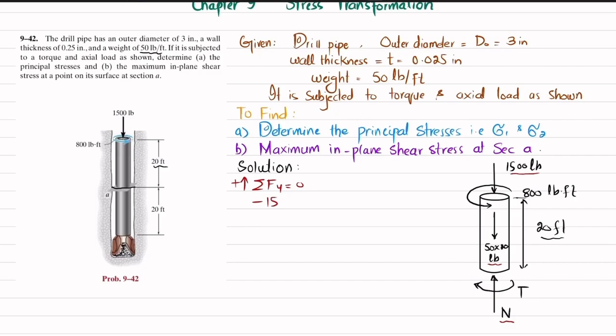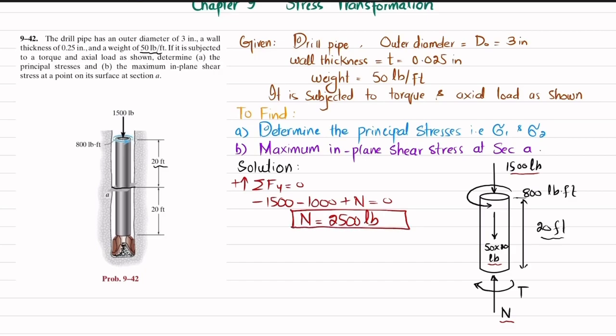So minus 1500 minus 1000 plus this N, which is upward, their sum must be equal to 0. So from here this reaction axial force will be equal to 2500 pounds.